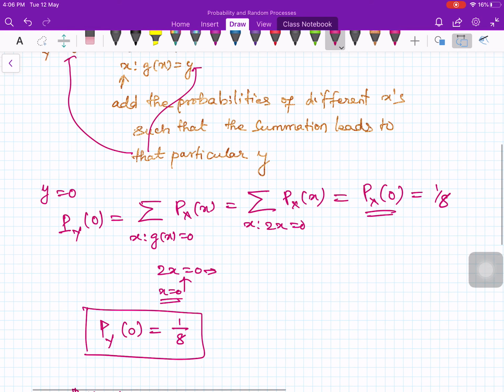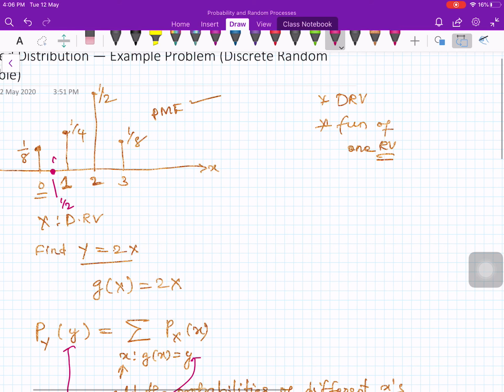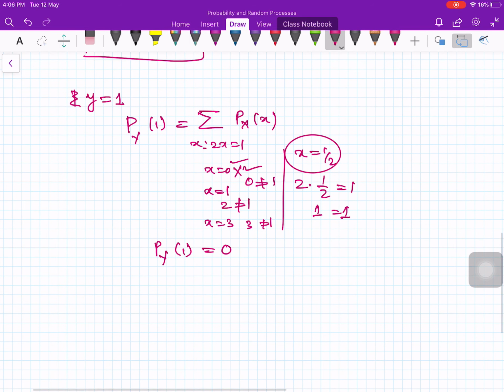But at x equal to 1/2, the probability is 0. Therefore this is equal to 0.